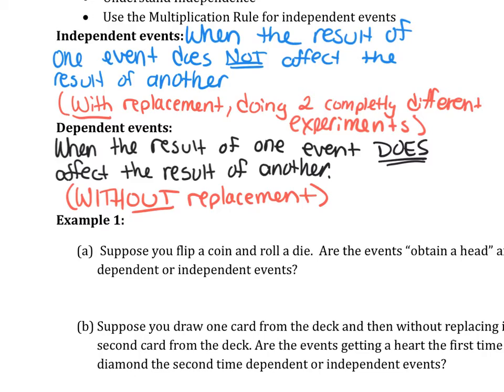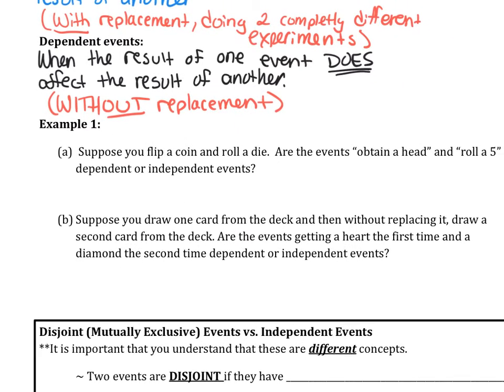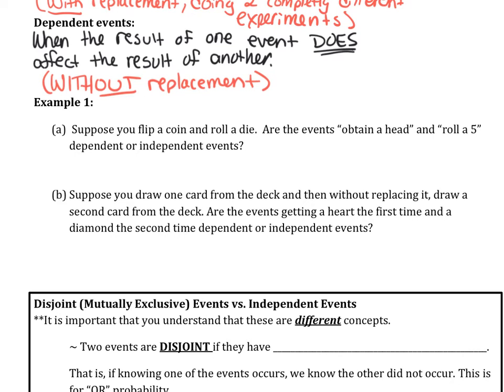Okay, so example one, just some practice identifying what type of events we're dealing with here. Example one says, suppose you flip a coin and roll a die. Are the events obtain a head and roll a 5 dependent or independent events? Does one affect the other? No, right? You're doing two completely different things.